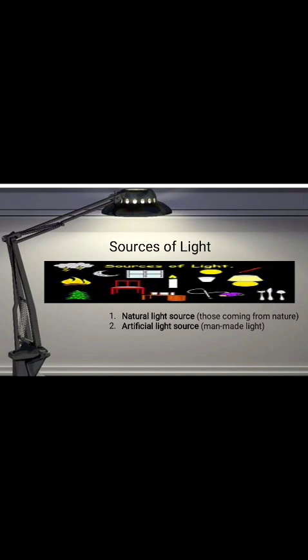Artificial light source. Light sources of this category are man-made, and they are divided into continuous radiation and short duration. A, continuous radiation sources are those that can give illumination continuously.